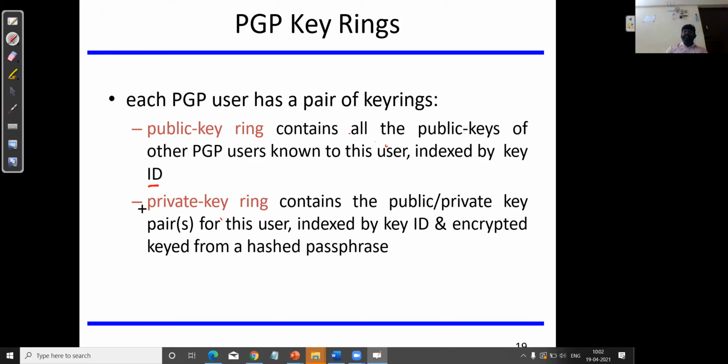So this is like a bunch of keys containing multiple public keys of the different users who are known to the particular sender. Similarly, the private key ring contains the public key and private key pair of this user. This user means the sender.